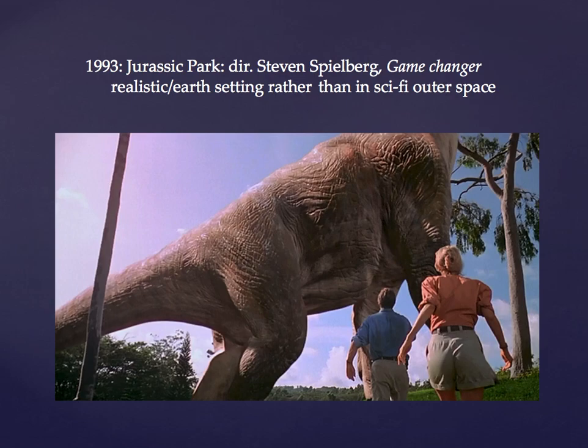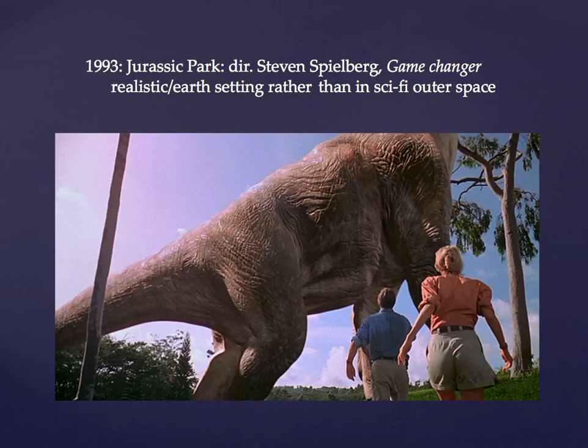His eyes are bugging out. The camera's going to pan over to Laura Dern. She's looking at a leaf of some sort. She's marveling over this leaf. And Sam Neill's character is going to take her head and sort of turn it so that she can see the dinosaurs. And she's going to stand up. She's going to take her sunglasses off. Her jaw is going to drop open. And then finally, we're going to cut to the dinosaurs.